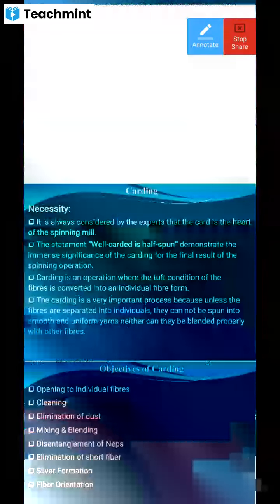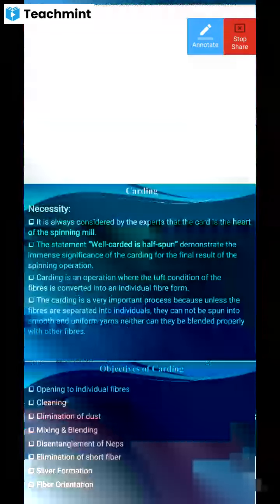I already gave some technical points. What are all the applications of the carding machine? Lap form converted to sliver form is an important one. Then the individualization of the fibers. The fibers are individualized in the carding zone.